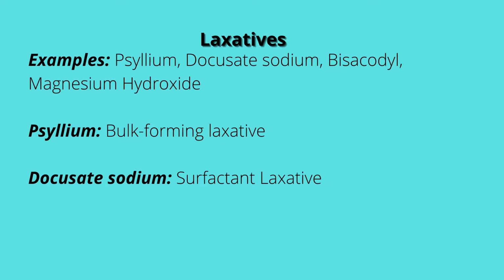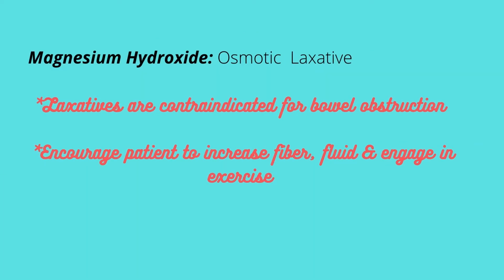It softens the stool by increasing water content. Bisacodyl is a stimulant laxative which stimulates peristalsis. And lastly, magnesium hydroxide is an osmotic laxative that draws water into the intestines and also promotes peristalsis.